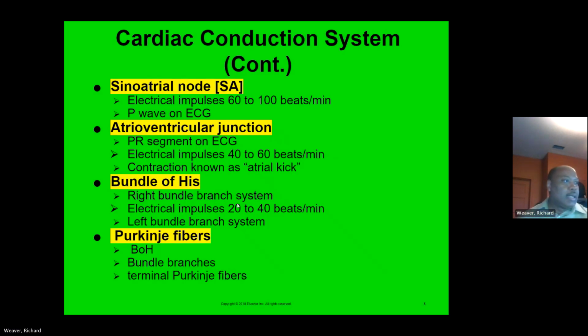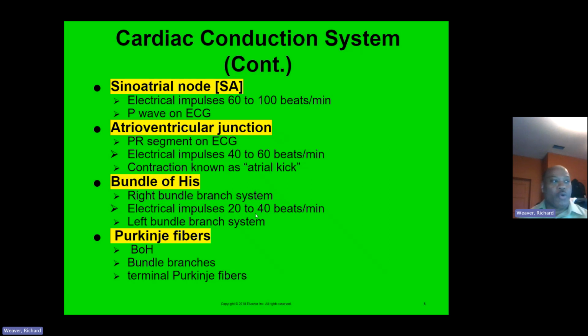All right. And the bundle of His. Take a look at the electrical impulses that this part of the conduction system delivers: 20 to 40 beats per minute. So again, as I told you, you see how as you go further down the electrical conduction system, the heartbeat decreases more and more.